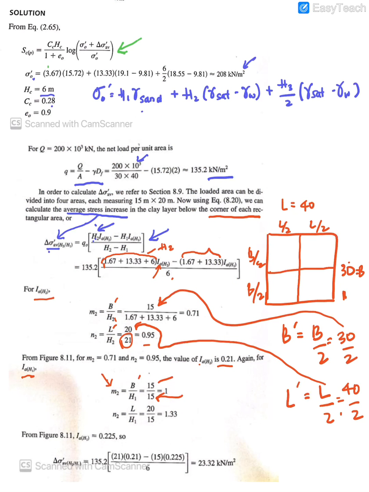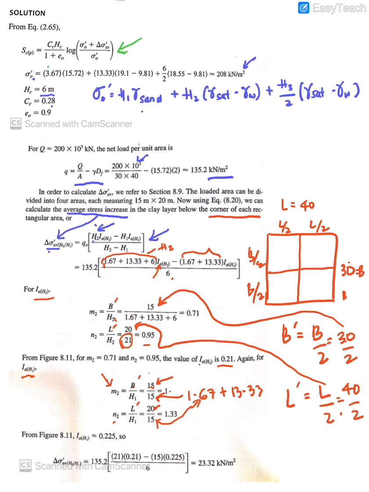So B prime is 30 over 2, so you get 15. So you solve this one, you get M1 equal to 1. And then calculate N1, which is L prime over H1. L prime is 40 over 2, 20, and H1 is 15. So you solve, then you get N1 equal to 1.33.